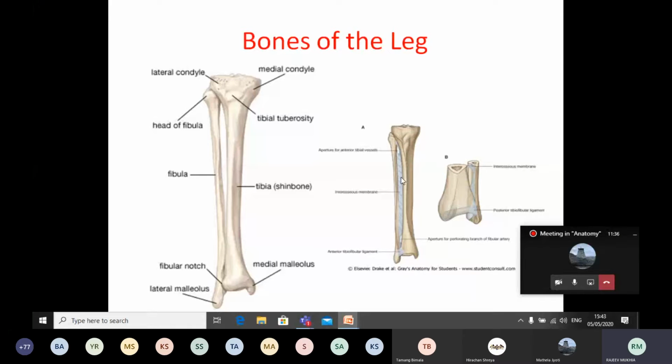The interosseous borders of the tibia and fibula are connected with each other by the interosseous membrane. You can see a small oval opening in the upper part of the interosseous membrane, through which the anterior tibial vessels will pass. So these are the features present in the tibia and fibula.